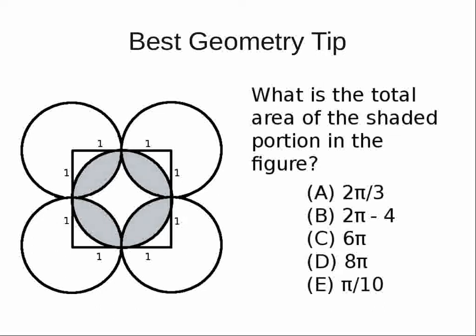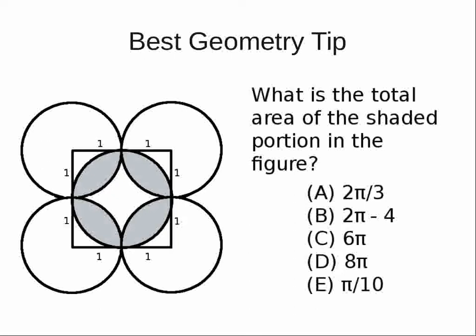That's actually a lot less than 1, so that's out of the running. 8 pi, that's greater than 24, that's out of the running. 6 pi is greater than 18, that's out of the running. Choice B, 2 pi minus 4, that's about 6 minus 4, so that's close to 2. 2 pi divided by 3, that's about 6 divided by 3, that's also still in the running.